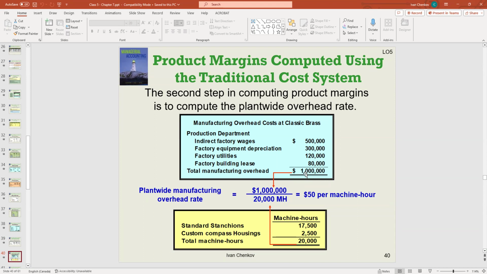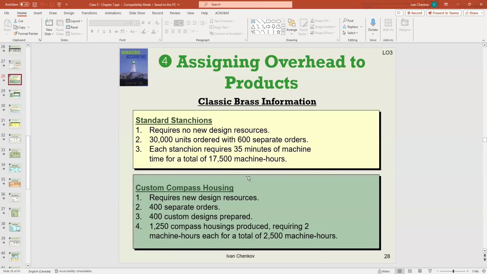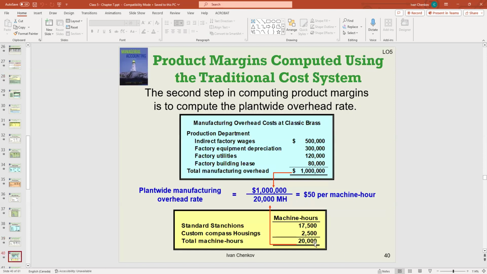We already know how many hours each division is using. The standard compass was using, I believe it's here, 17,500 machine hours. The custom using 2,500 hours. And that's how we're gonna assign the cost. $50 times 17,500 is gonna go to the standard compass.